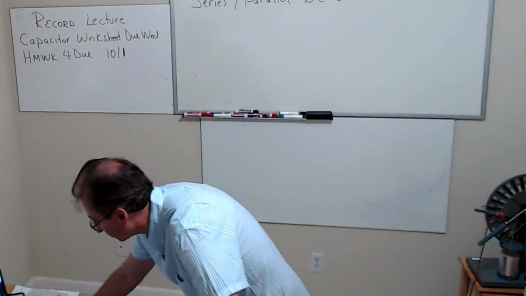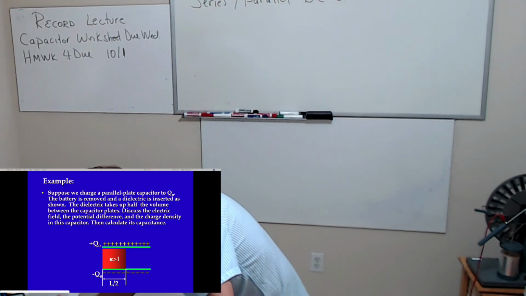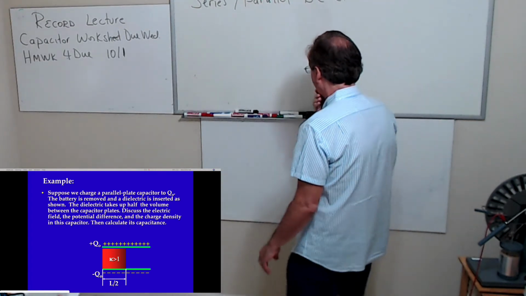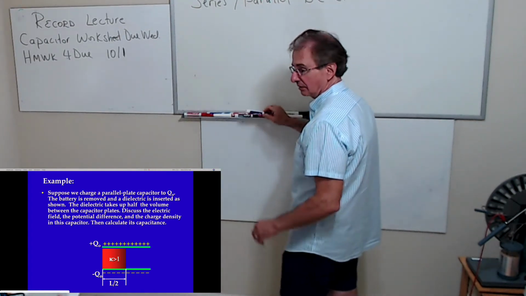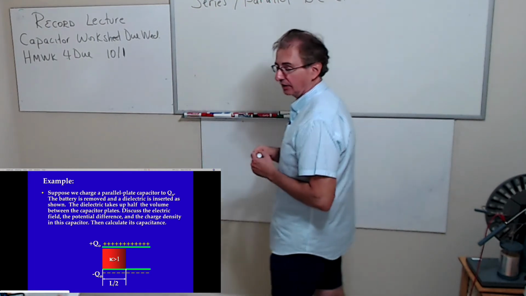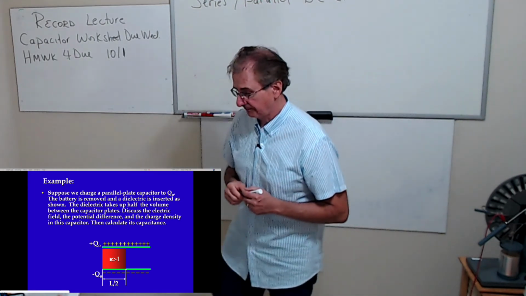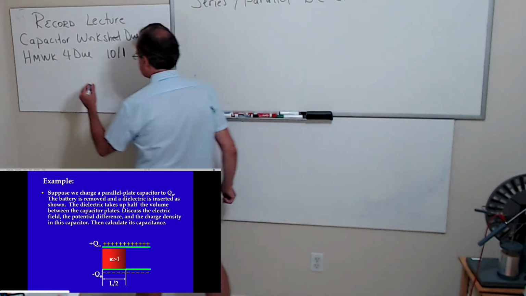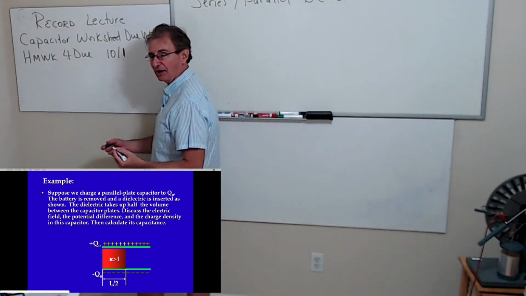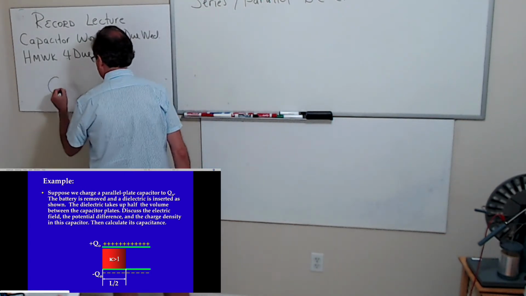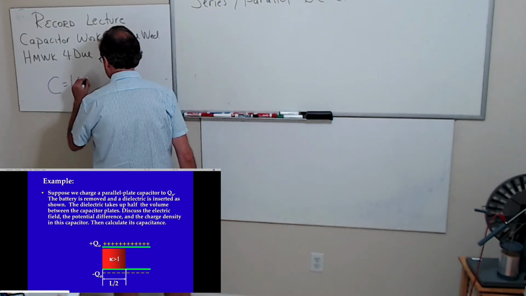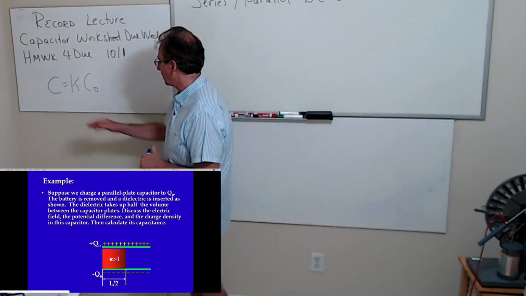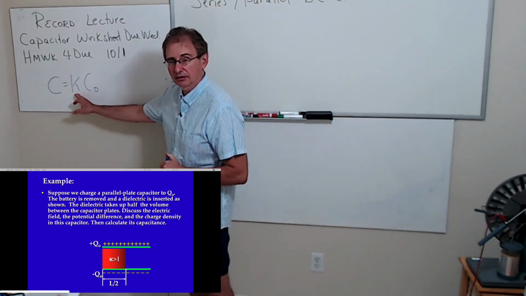So let me just continue on our lecture involving dielectrics. The other day we talked about what happens when you place a dielectric in a capacitor. We talked about experimentally what happens is that the capacitance increases by a factor kappa, and kappa is called the dielectric constant of the material.